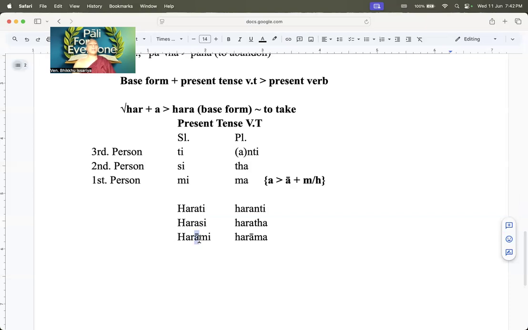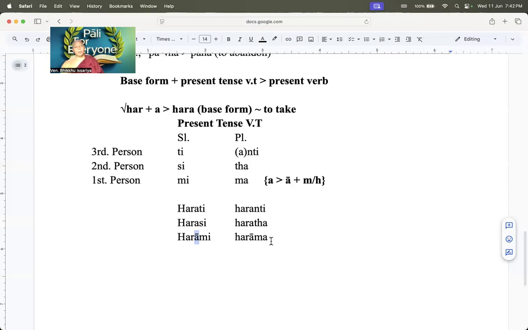The sound a is only for the R sound, but for the others, only R has an R sound or S sound. Okay: haradi, harandi, harasi, harata, harami, harama.